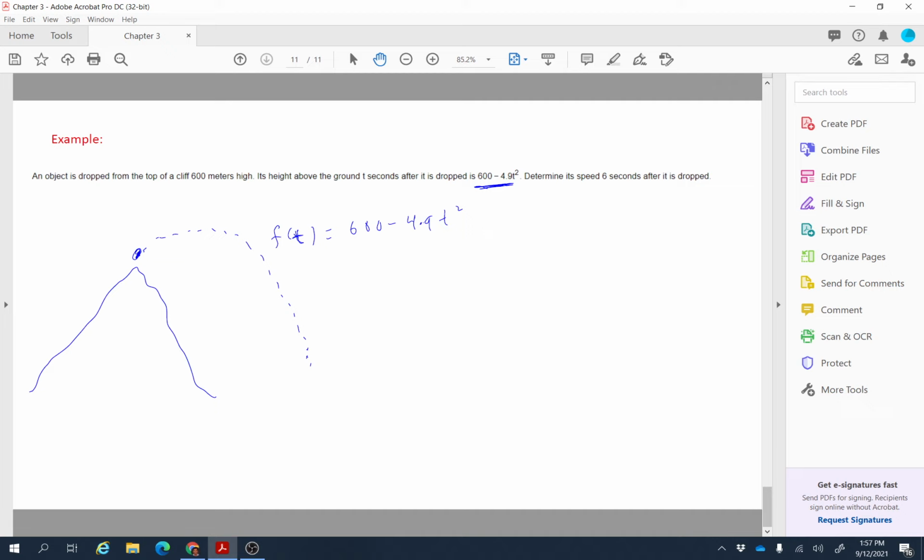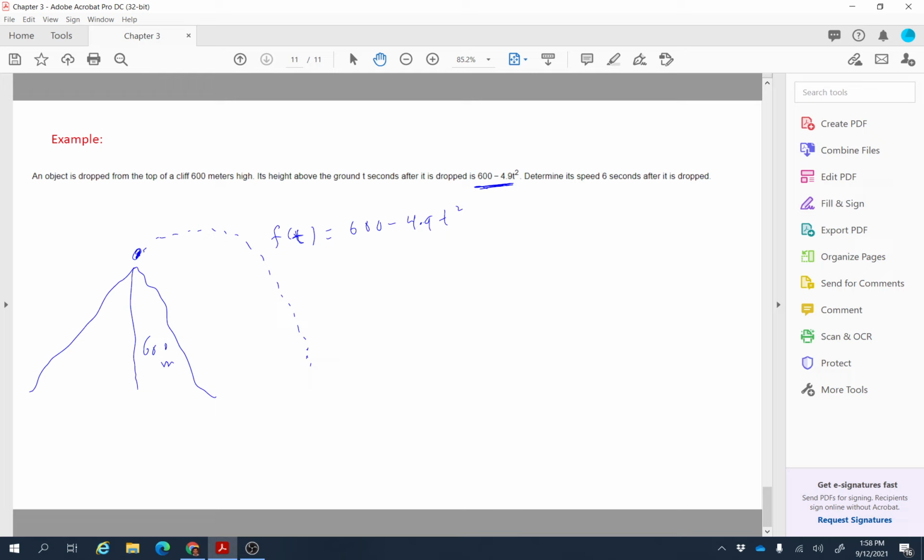An object is dropped from the top of a cliff 600 meters high. So this is 600 meters, and it's going down. Its height above the ground t seconds after it is dropped is this function. Determine its speed 6 seconds after it is dropped.